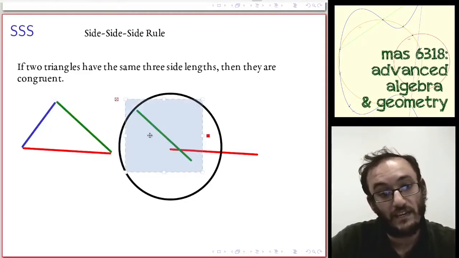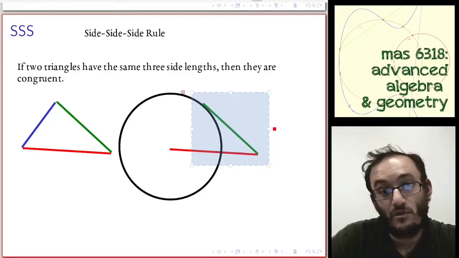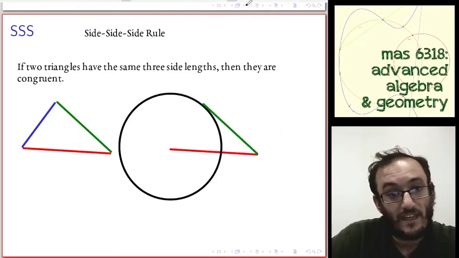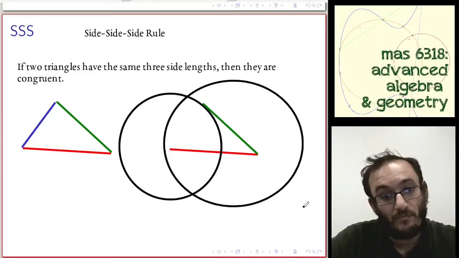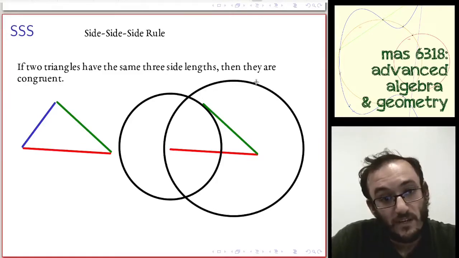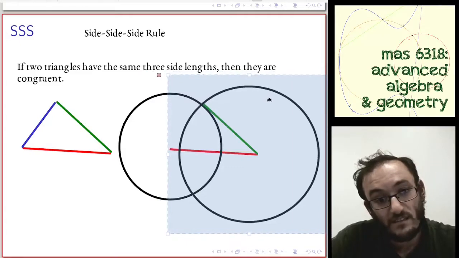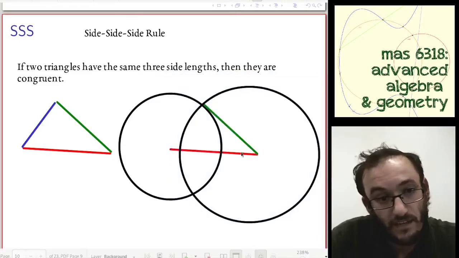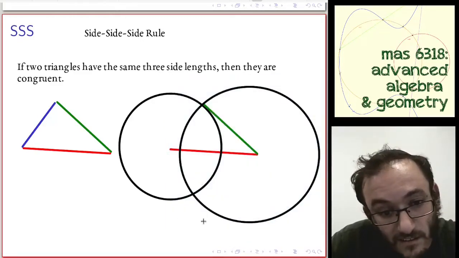Okay, similarly, I can do this with the green edge. I'm going to say I don't know for sure that this green edge occupies this particular space, but I do know that it has to live somewhere on this circle, and this circle is maybe a little funny.